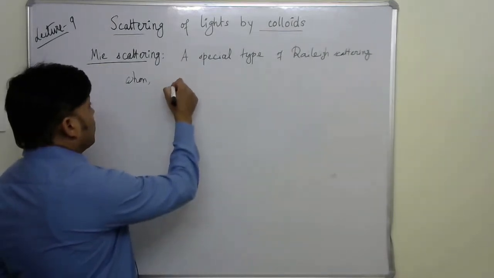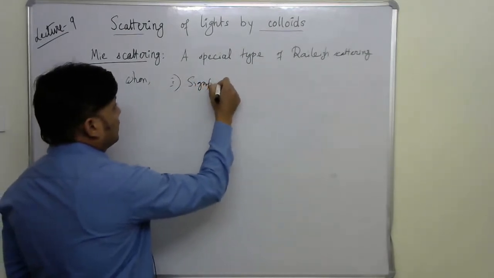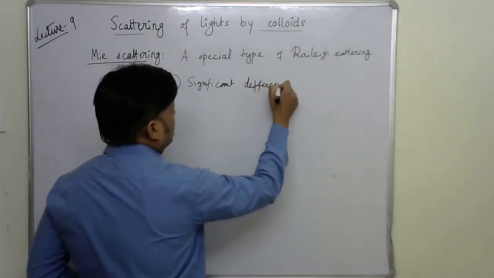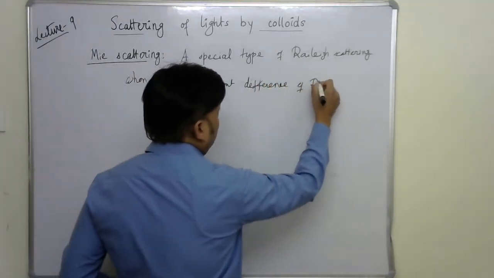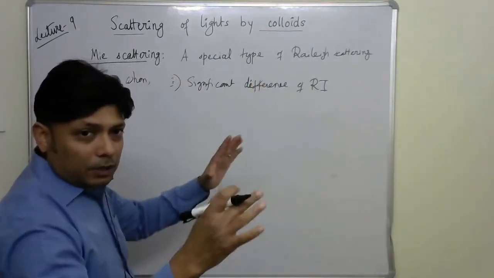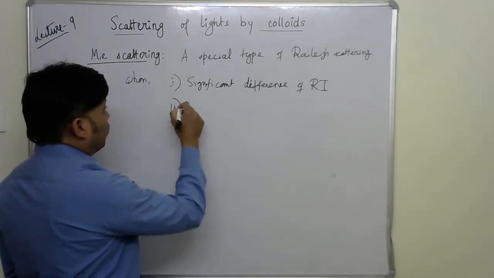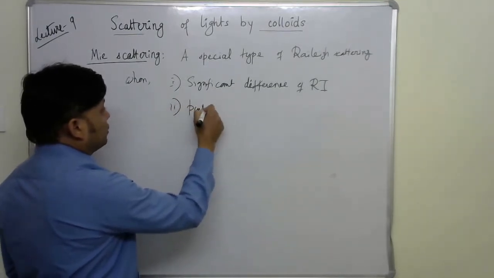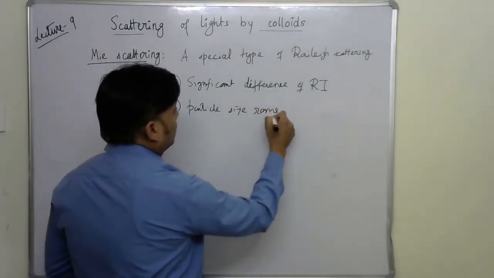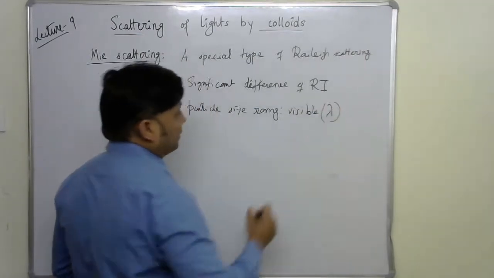So these are: number one, there is a significant difference of refractive index between the particle and the suspension medium. Number two, the particle size is within the visible wavelength range of light.